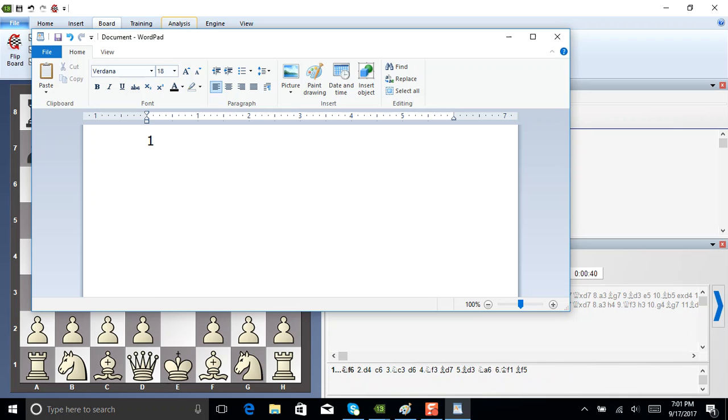Okay, not a comma, period, space, lowercase d, 3. All pawn moves start with a lowercase letter. No exceptions. Every pawn move starts with a lowercase letter. Every move that starts with a lowercase letter is a pawn move.